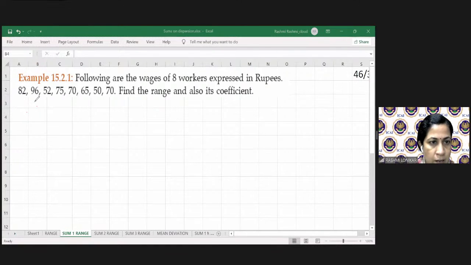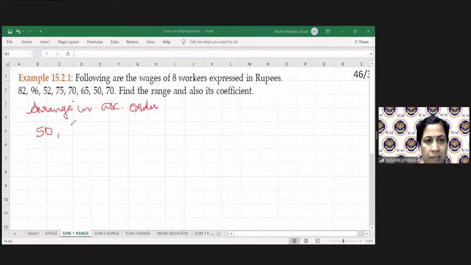So I will arrange the data in ascending order. मतलब क्या है, सबसे छोटा से सबसे बड़ा नंबर लिखेंगे. सबसे छोटा नंबर क्या है 50, उसके बाद क्या है 52, then we have 65, 70, 70, then 82 and 96. Let us check 1 2 3 4 5 6 7.